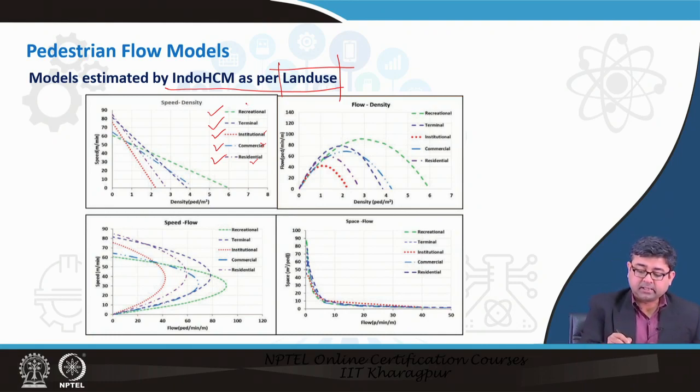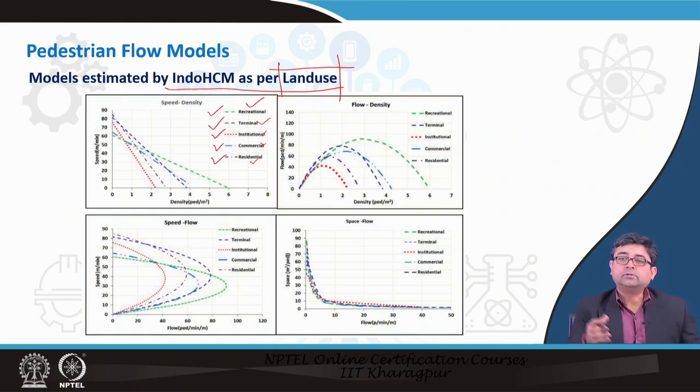Recreational, meaning maybe there is a footpath alongside a park, for example. Terminal, we just told you. Institutional, meaning maybe there is a big office building or a big school or a big college, some kind of institution, with a sidewalk along it. Commercial, meaning again market area. Residential, meaning near your homes.